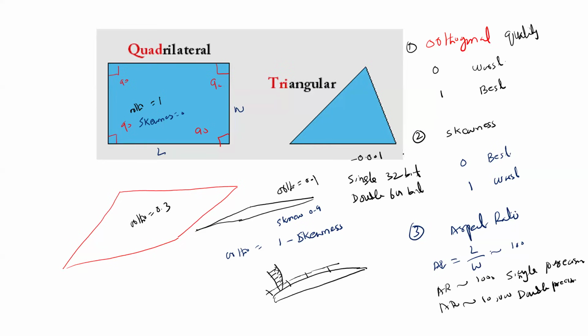In a similar way, single precision can save numbers up to 32 bits. So this is for a single precision solver.